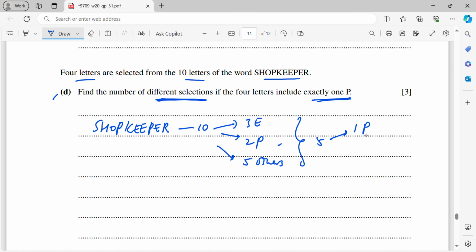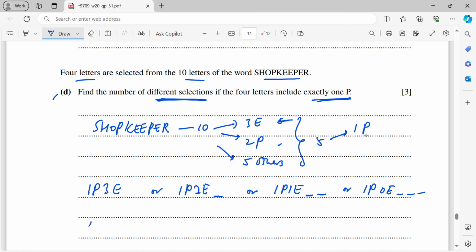So when exactly 1 P, now you have to consider how many E's are involved. So probably I will say 1 P, 3 E's. Or 1 P, 2 E's, and 1 other. Or 1 P, 1 E, and 2 others. Or probably 1 P, 0 E, so you have 3 others.